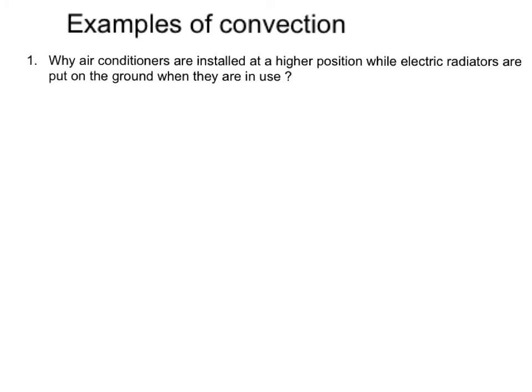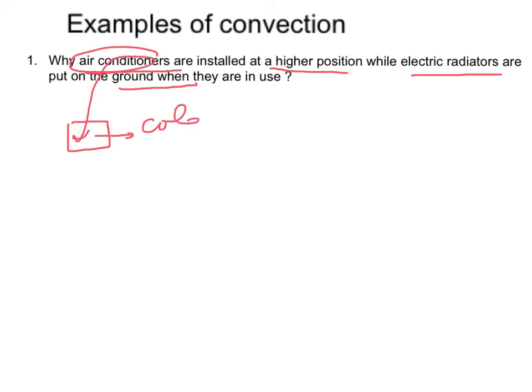Examples of convection. Number one, why are air conditioners installed at a high position while electric radiators 暖爐 are put on the ground when they are in use? Air conditioners emit cold air.